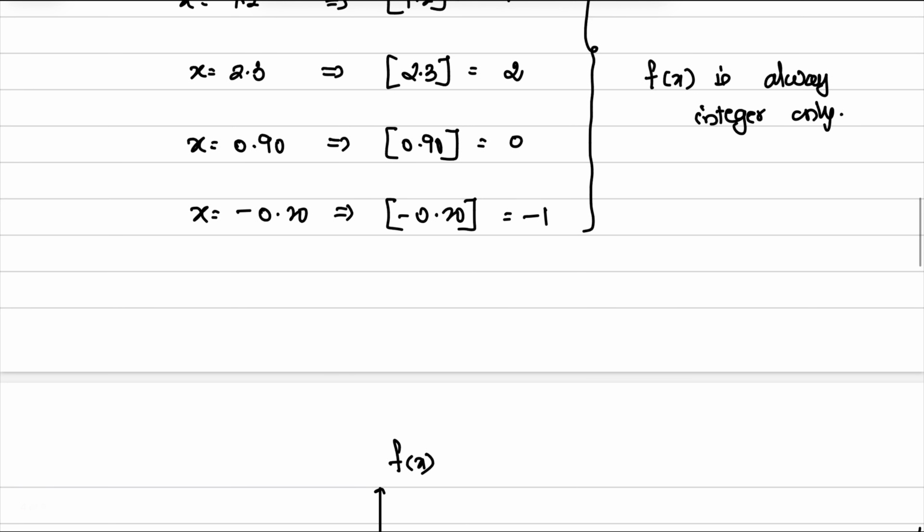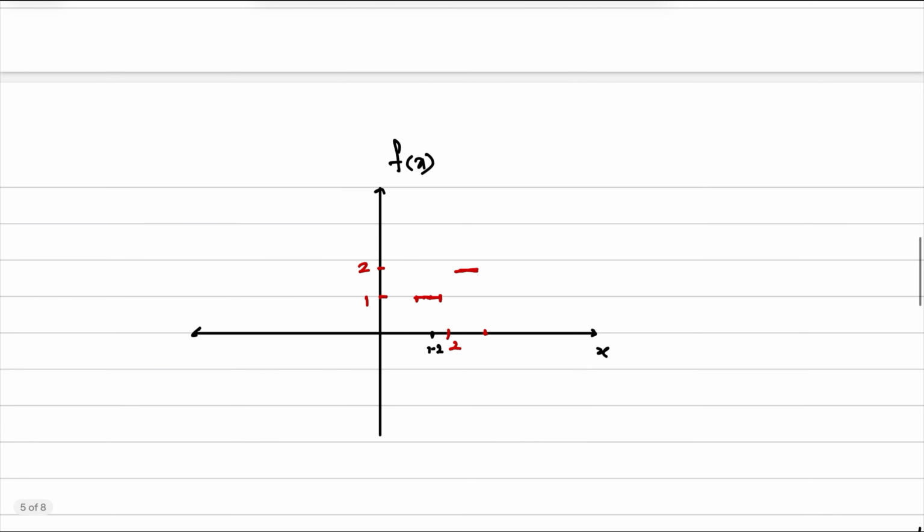Greater than or equal to 0 and less than 1, the value is 0.